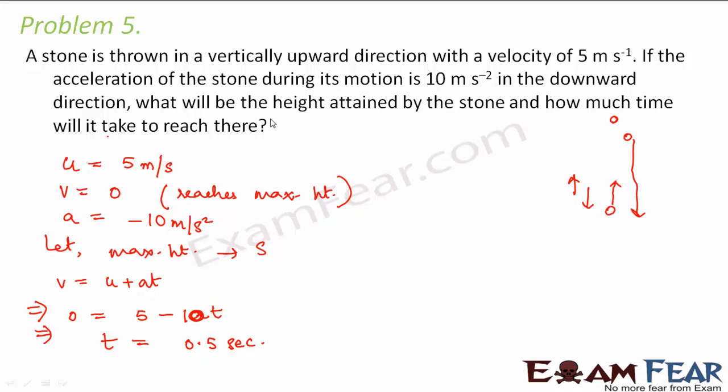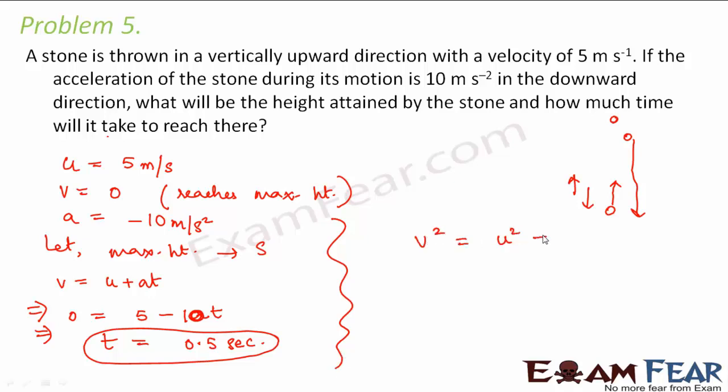Now we have to calculate the maximum height and also the time it will take to reach there. We have already calculated the time taken to reach the maximum height. Now we have to calculate s. Let us make use of the third equation, v square is equal to u square plus 2as. So 0 square is equal to 5 square plus 2 into (minus 10) into s.